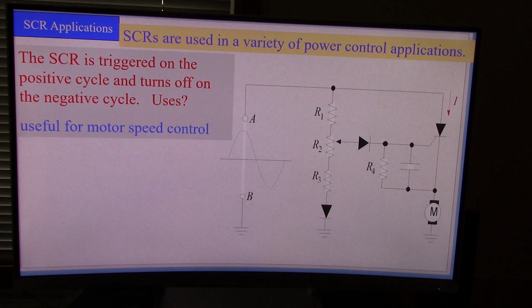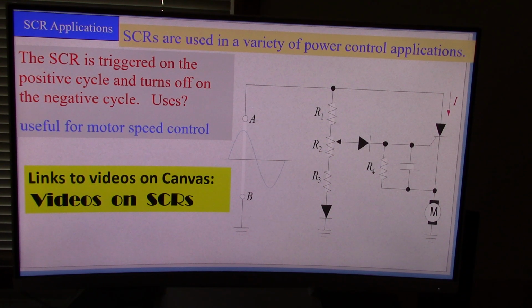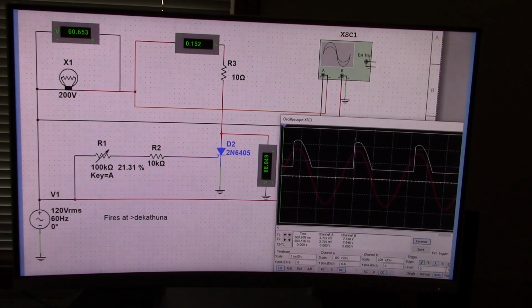For all practical purposes, you couldn't have speed controls on motors, and even light dimmers wouldn't really work, if we did not have thyristors for controlling the power. So make sure that you watch the videos. They're very important. I've given the links.